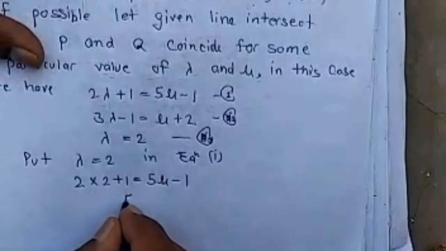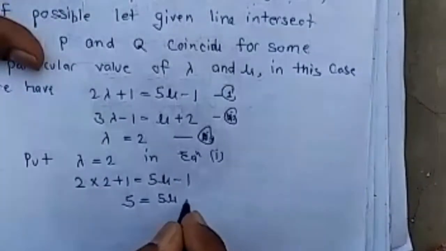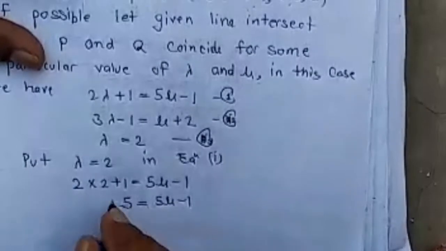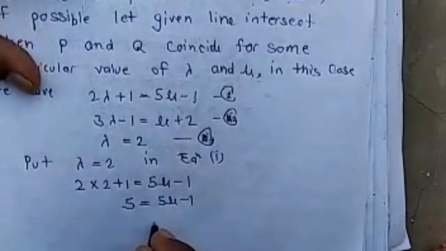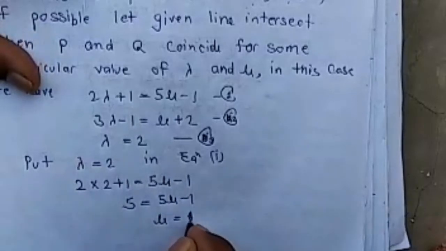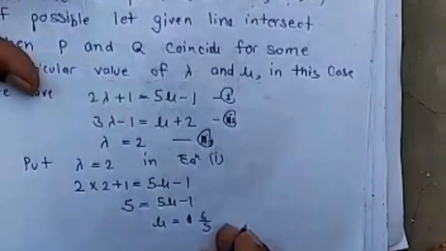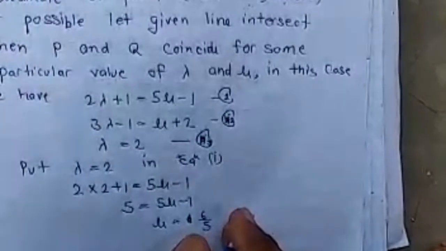Then 5 equals 5 mu minus 1, 4 plus 1 is 5. Mu equals 6 by 5.